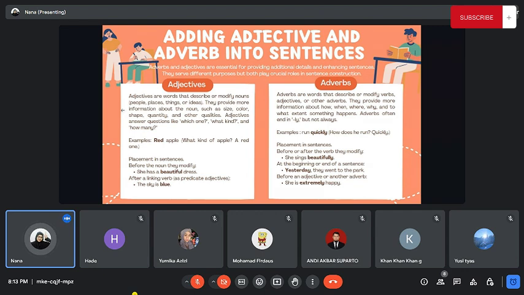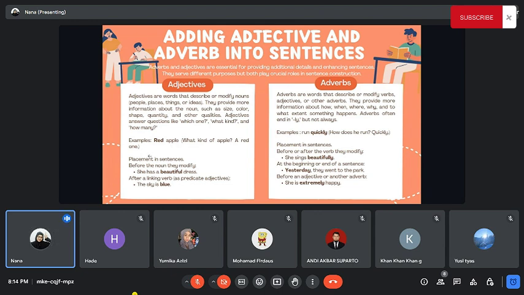Adjectives are words that describe or modify nouns, which includes people, places, things, or ideas. They provide more information about the noun, such as size, color, shape, quantity, and other qualities. Adjectives answer questions like which one, what kind, and how many. For example, red apple. Red here is the adjective, so it tells what kind of apple it is: a red one.